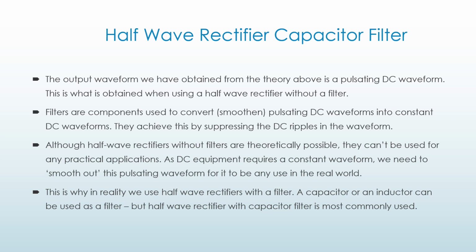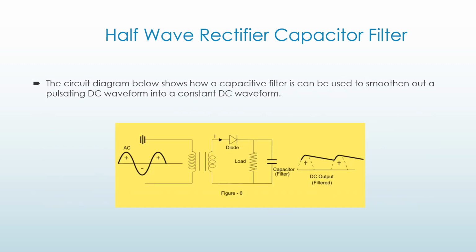A capacitor or an inductor can be used as a filter, but a half wave rectifier with capacitor filter is most commonly used. The circuit diagram below shows how a capacitive filter can be used to smoothen out a pulsating DC waveform into a constant DC waveform, as shown below in figure 6.